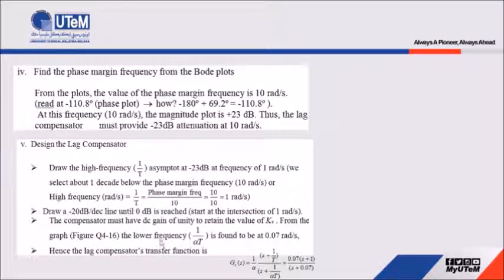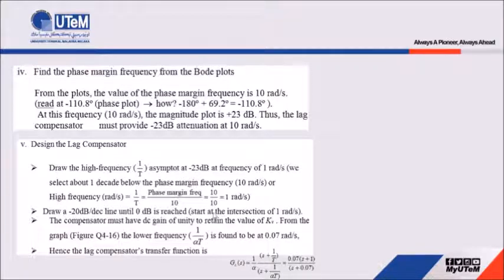After we do that, we find 1 over alpha T is at 0.07 radian per second. From the value of 1 over alpha T and the value of 1 over T, we can get the value of 1 over alpha. From here, this value is equal to 0.01, because 1 over T is equal to 1.